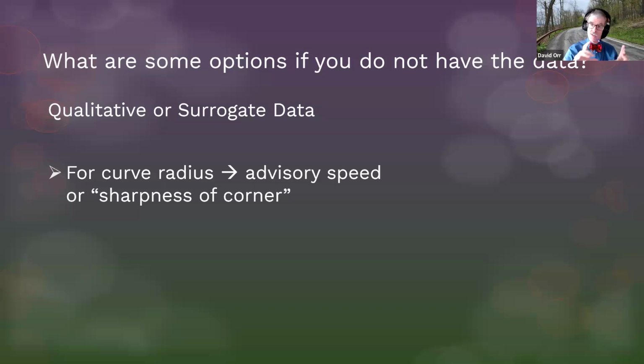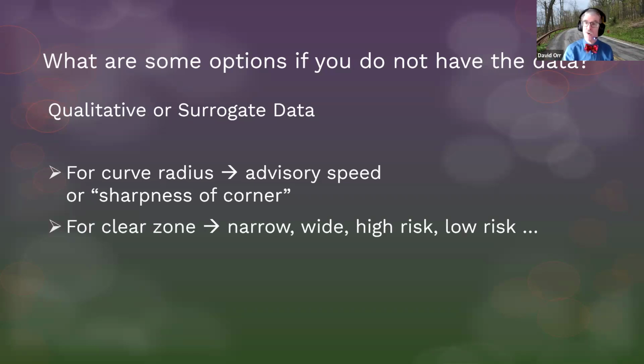So you could take your advisory panel, compare that to the speed limit, and the differential is actually a pretty good surrogate for curve radius. It also incorporates the superelevation of the road. Are there sight distance issues? Is it smooth? Those all show up to some extent. So you might use that.